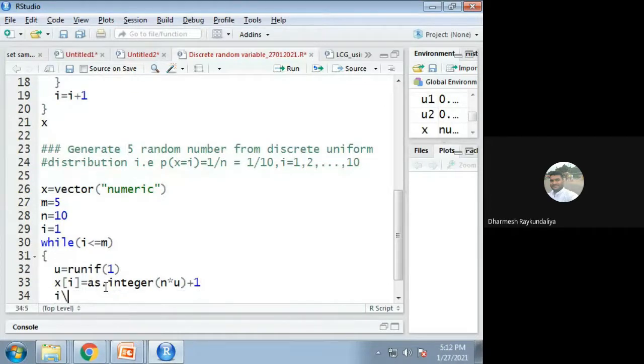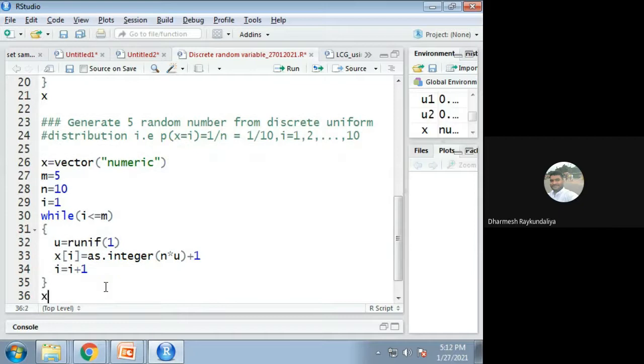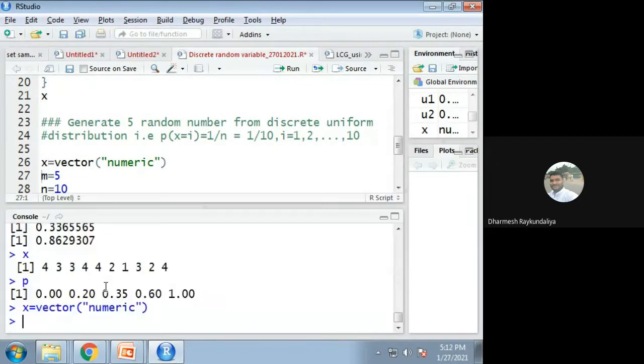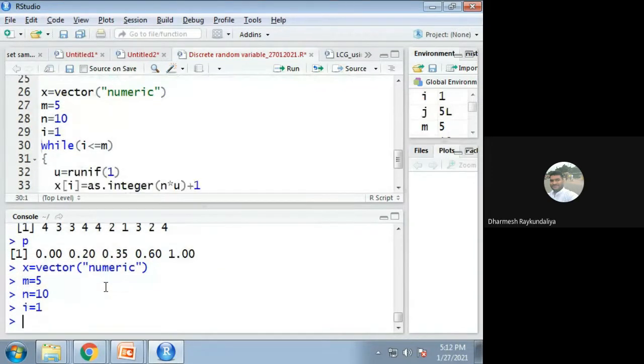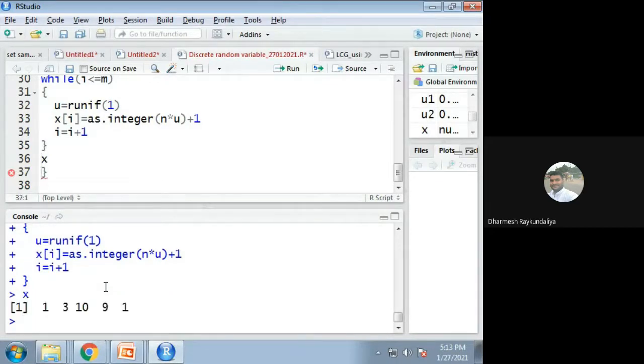Then i equals i plus 1, and then x. This is a random number generated from the uniform distribution. It can take any value between 1 and 10.